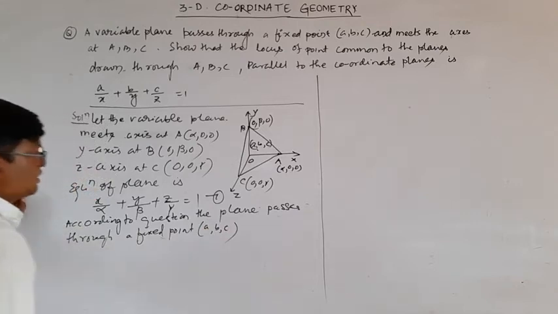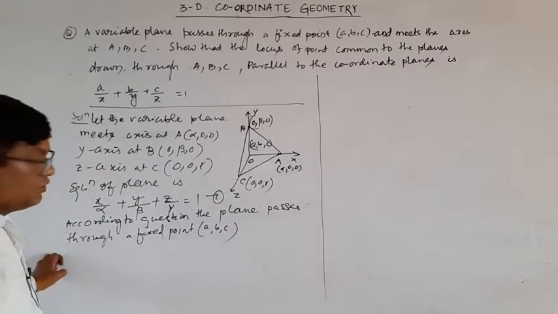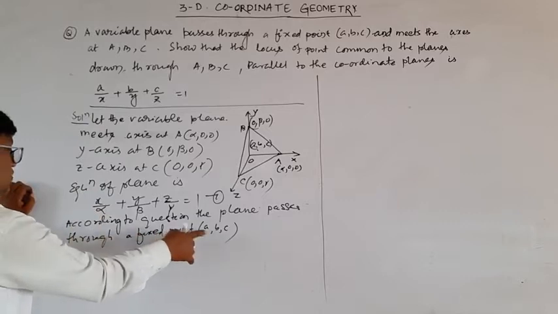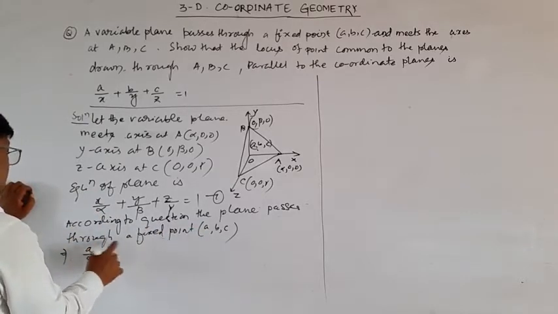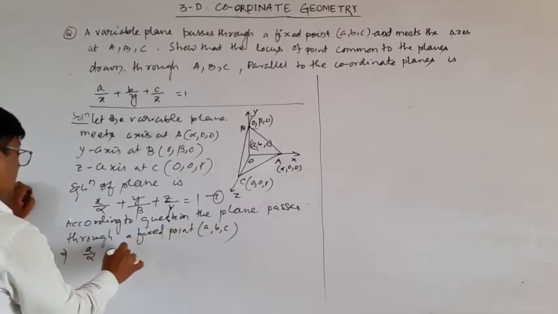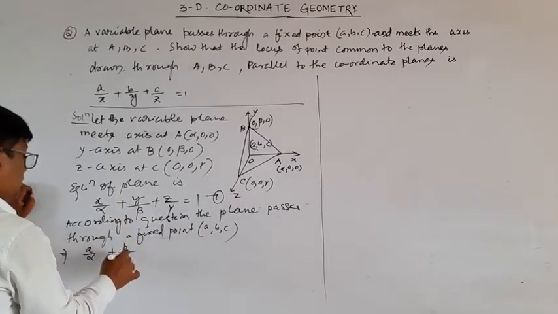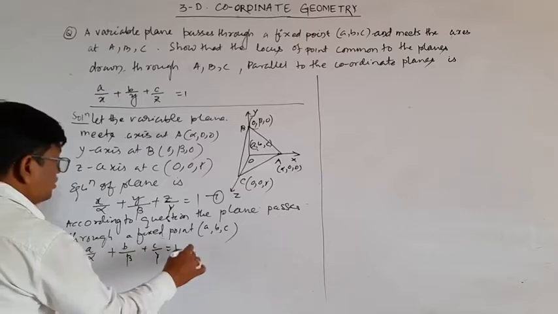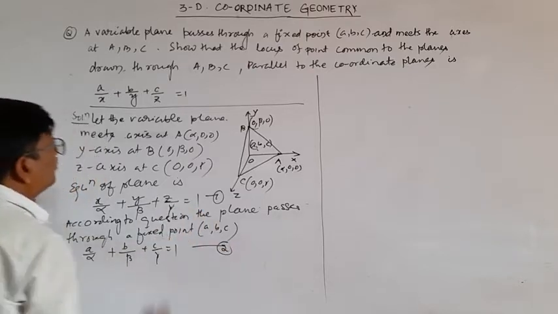So it will satisfy the equation of the plane. That implies put x = a, y = b, z = c, so a/alpha + b/beta + c/gamma = 1. Suppose this is equation 2.